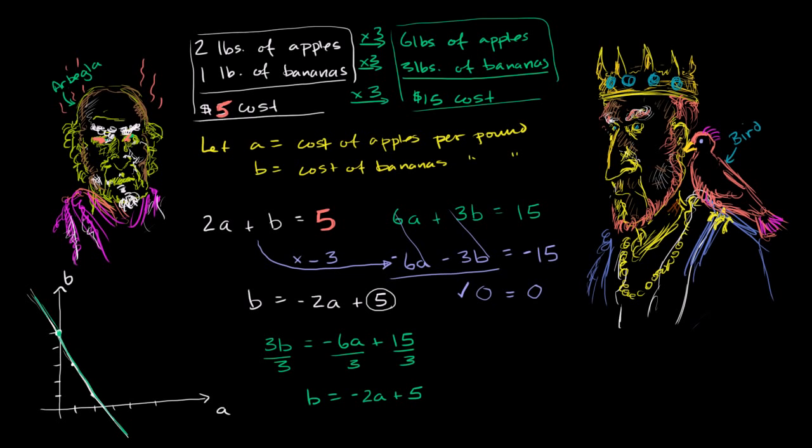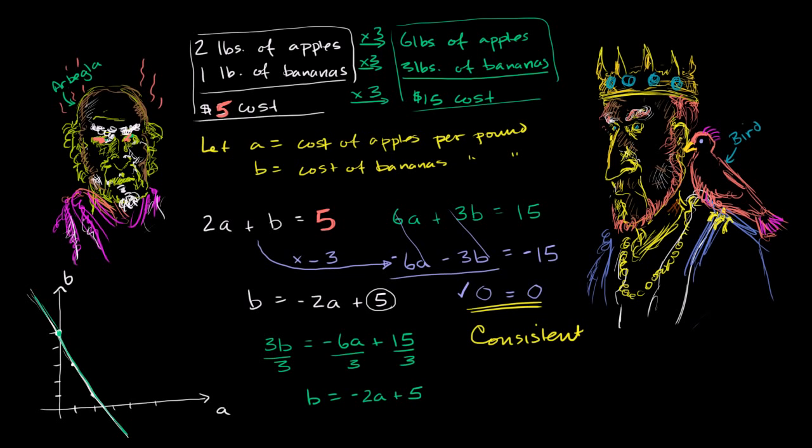We can't say that our Bagla is lying to us, but he's not giving us enough information. This is what we call a consistent system. It's consistent information. So let me write this down. This is consistent. 0 equals 0. There's no shadiness going on here, but it's not enough information.